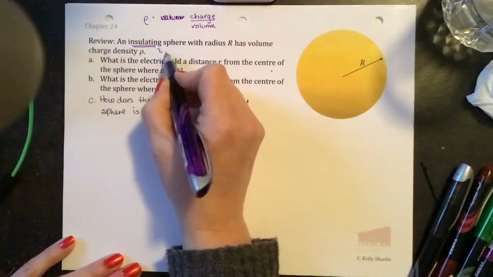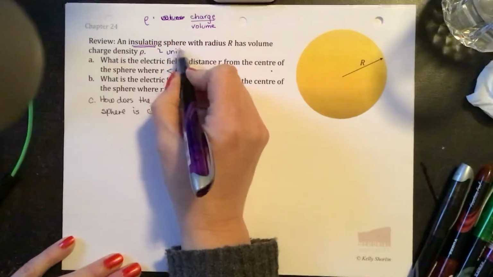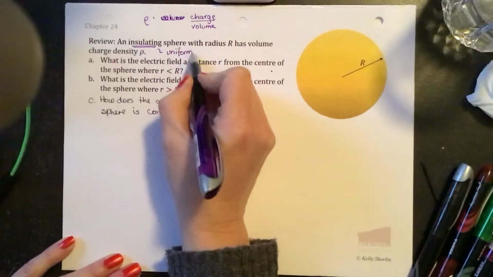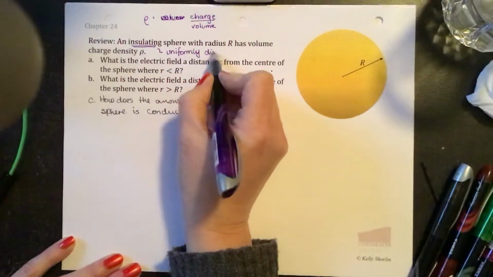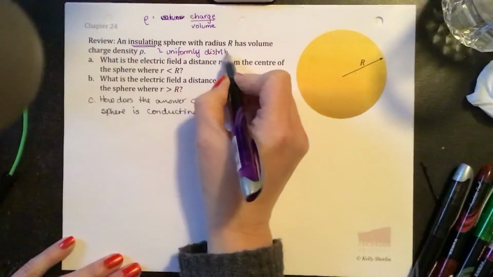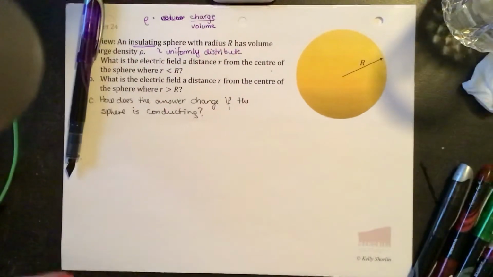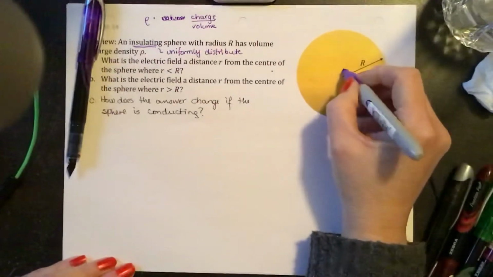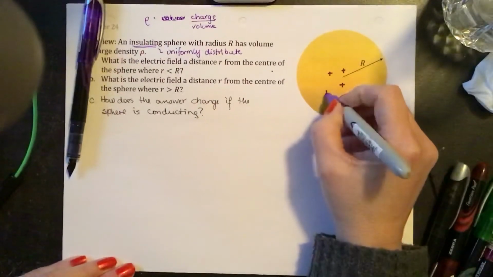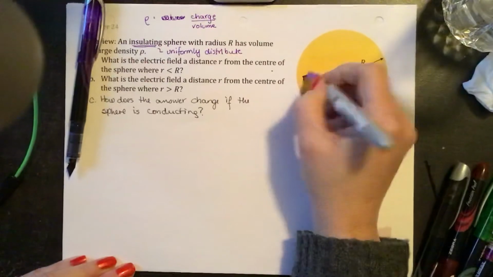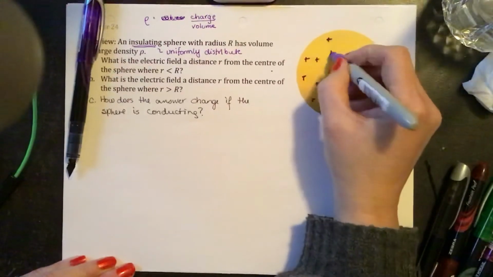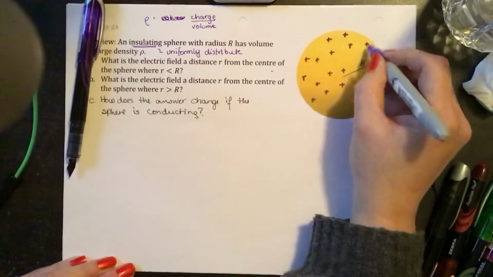So we're going to assume that the charge is uniformly distributed throughout the volume. We'll do other problems officially in class, but for this 1051 review, we're going to assume it's uniformly distributed.